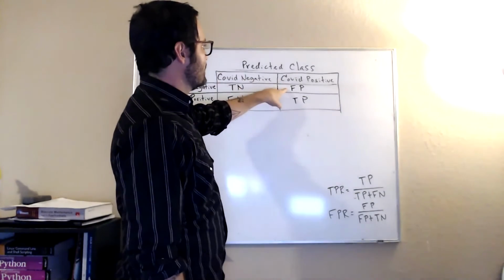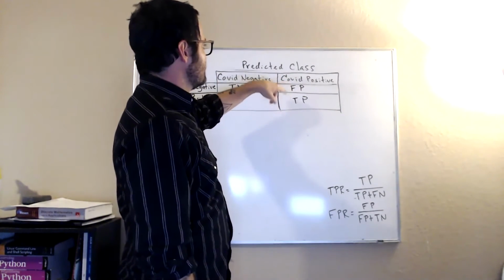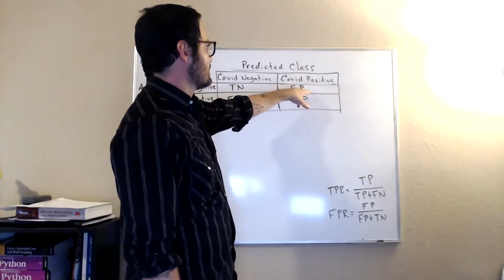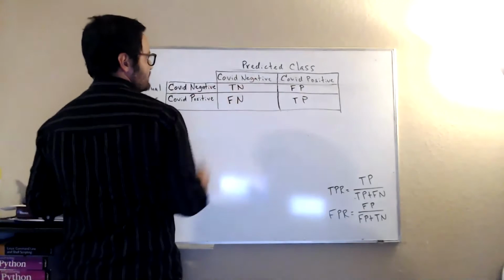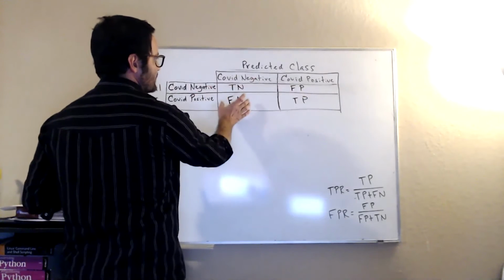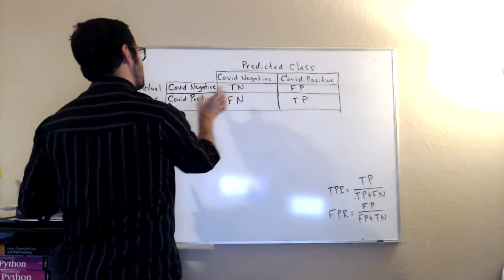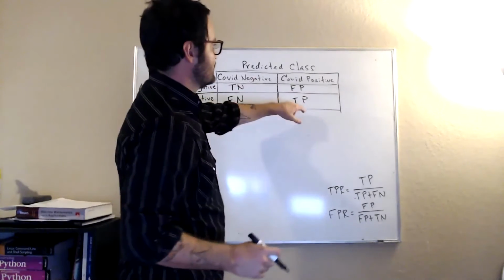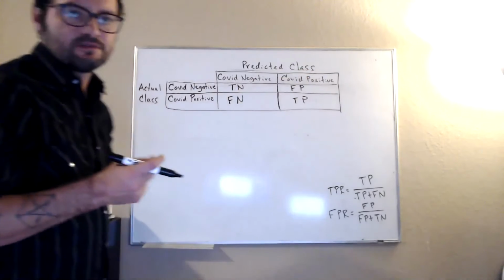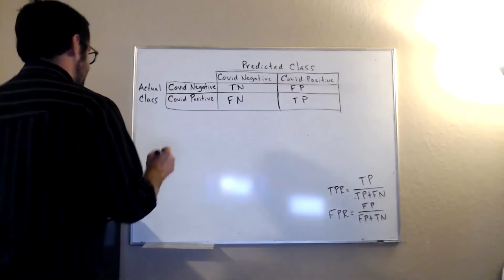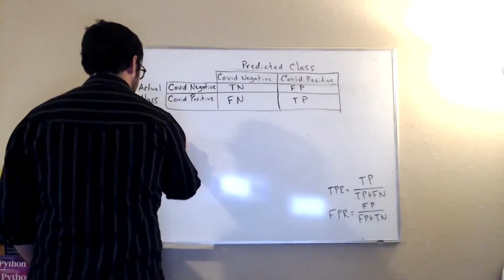Here is the number of COVID positives that we predict that should have been COVID negatives. Here is the number of COVID negatives we predict that are COVID positive. And then here, the number of COVID positives that are actually COVID positive.